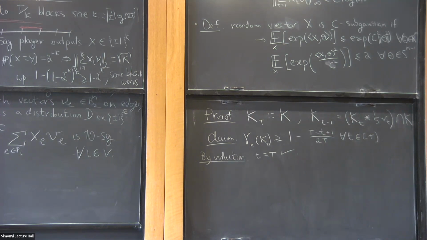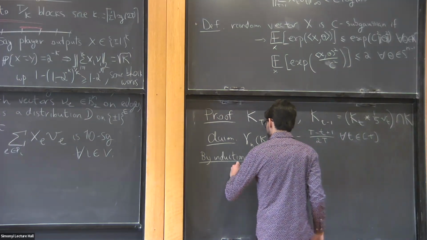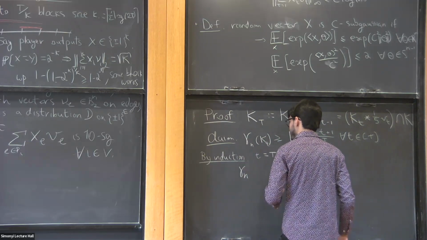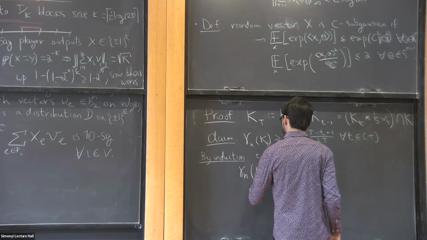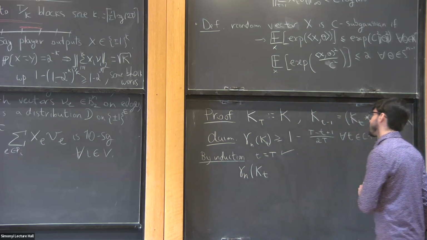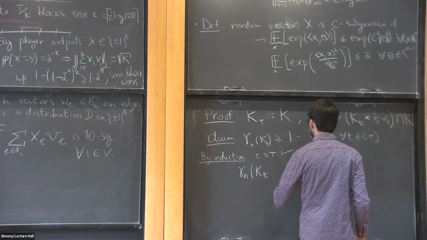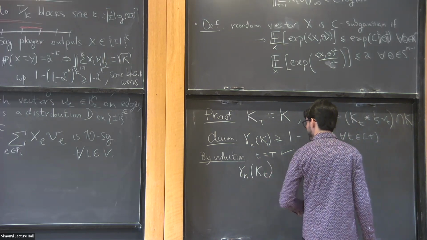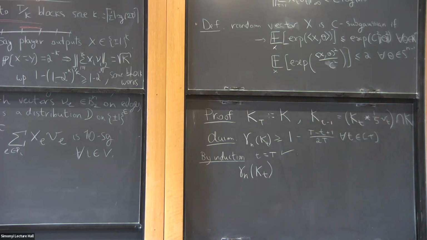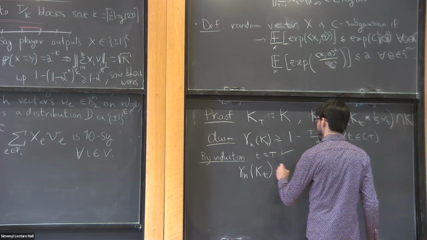Okay, so let's see. How does this work? The step is that I want to lower bound the Gaussian measure of some Kt. Let's say, assume it's true for larger values of t. So what is this? The definition.